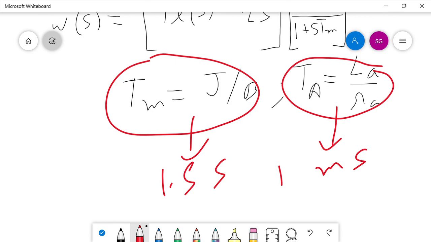What Tm represents is how the rotor speed is decaying, how the rotor speed is changing. And what is Ta? Ta represents how the armature current is changing. So let us see the difference.